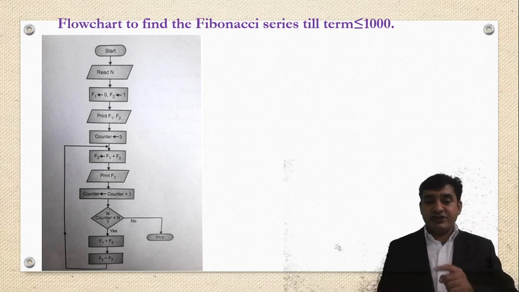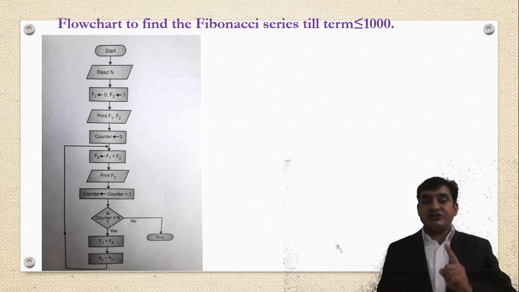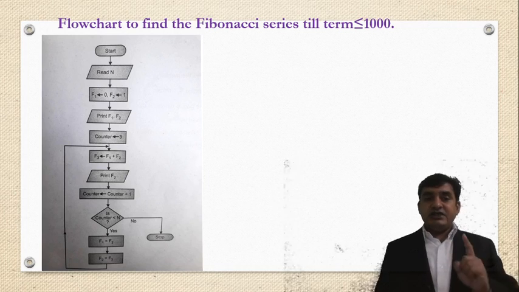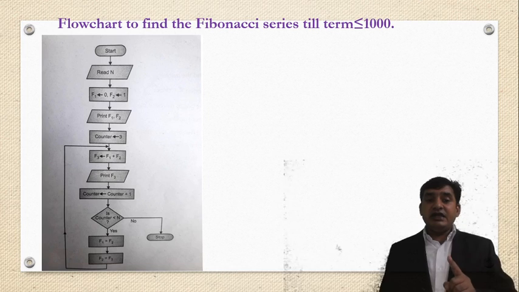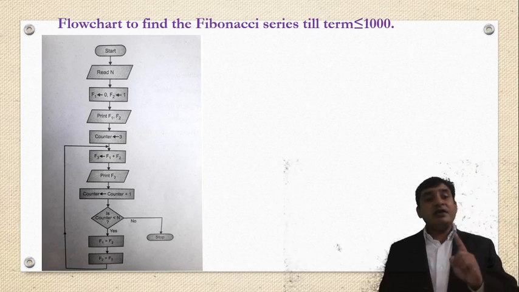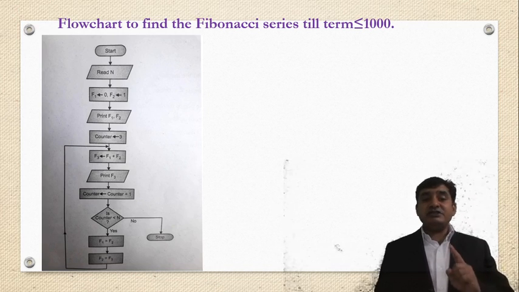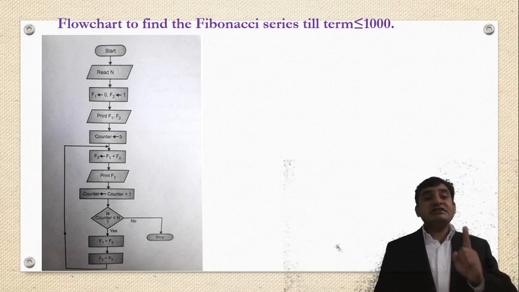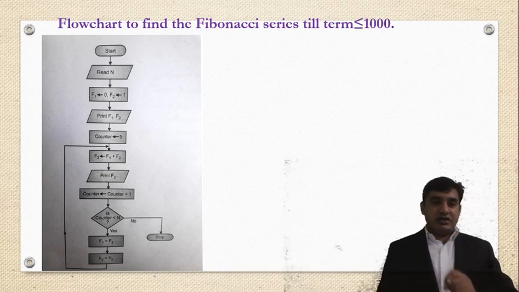Again f3 is equal to f1 plus f2, but here f1 is replaced by f2 and f2 is replaced by f3. Now f3 is equal to f2 plus f3, that is the second term is added with the third term.